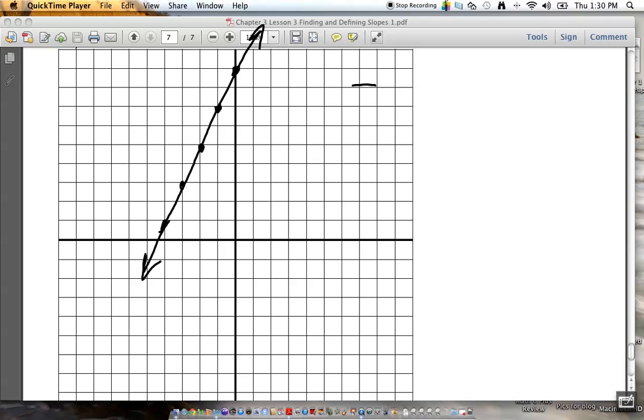Now the question is, what over what? If I go from this point to this point, what is that vertical change? Remember, the y's go first in the slope formula. It's up and down first. How much did I change up and down to go from here to here? 2. 1, 2. And then I went over how many? 1. So the answer is 2 over 1. So that's the second one.